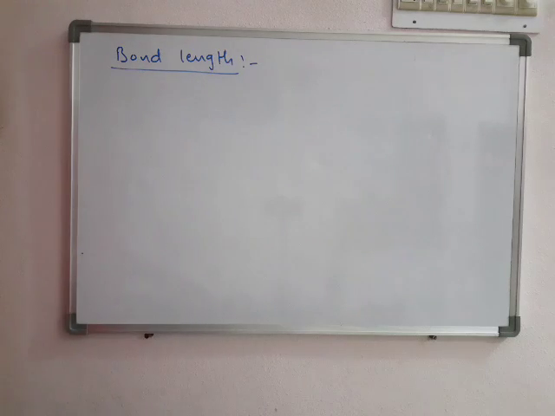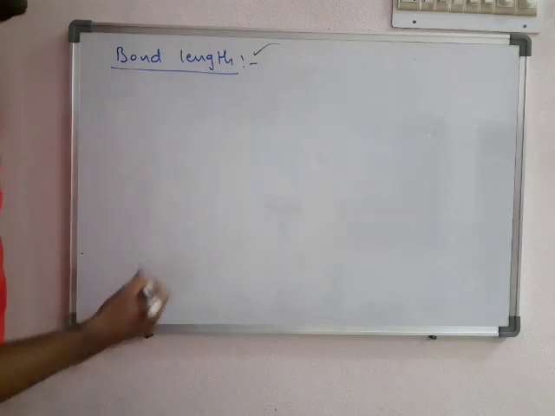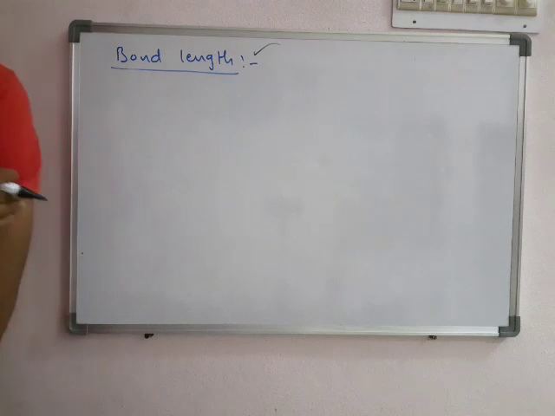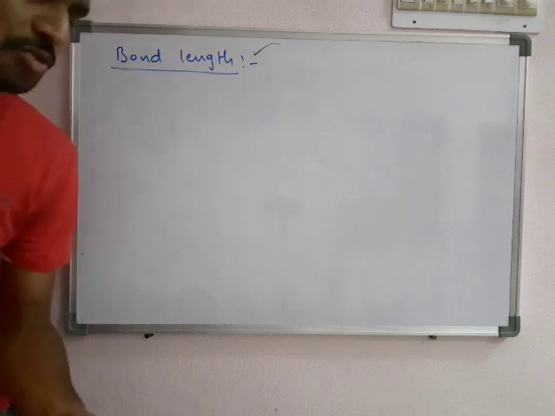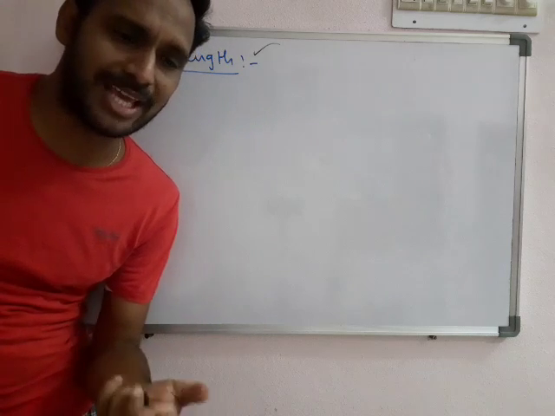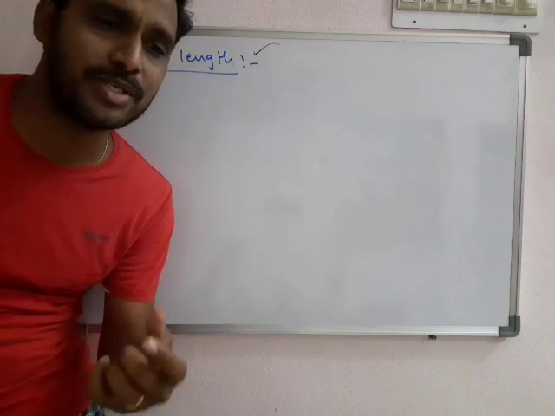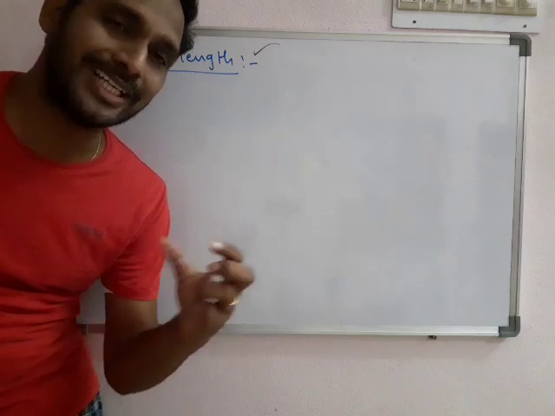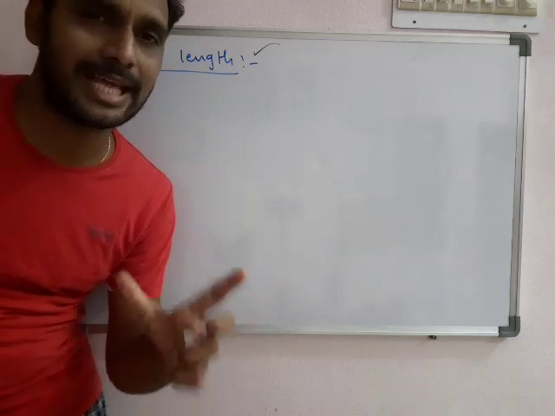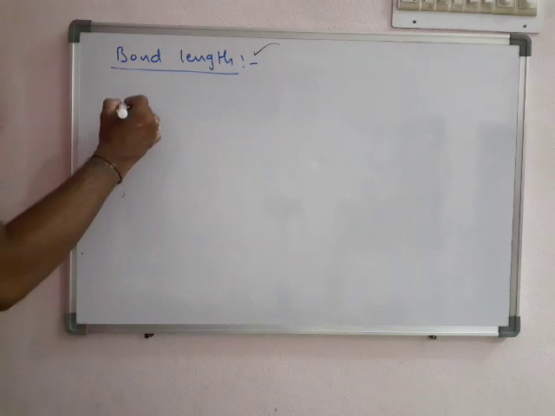Next, how is the bond length calculated experimentally? Bond length, as we just said, is a very small value. So how do we identify this very small value experimentally? There are some specific methods to determine this bond length experimentally.